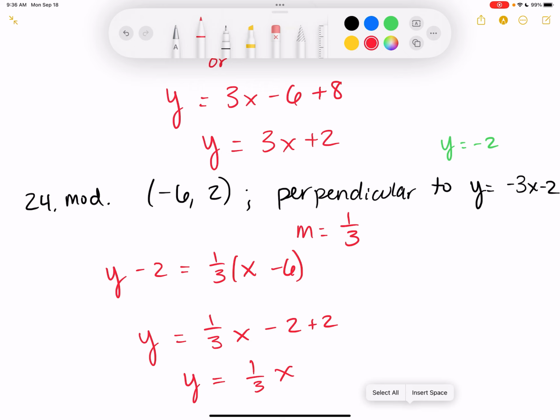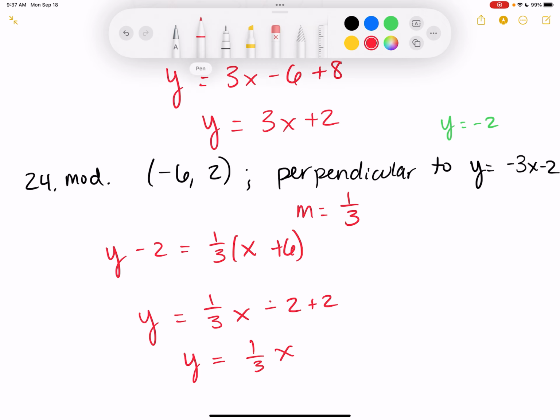Oh, wait. Anybody catch the mistake? What is it? You did the point slope form, it should be +6. Yeah. I was like, something's wrong. Yes, should have been +6 instead. So then this would have been +2, +2, so that would be +4 then.